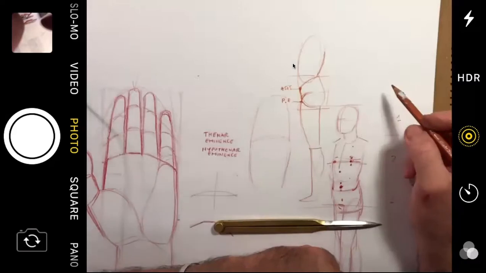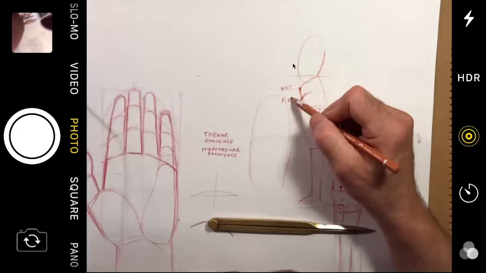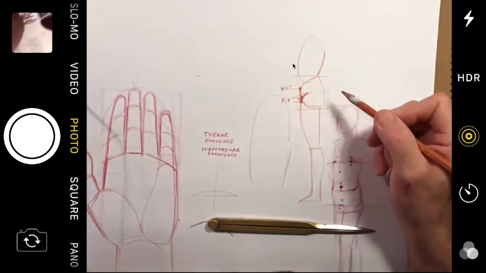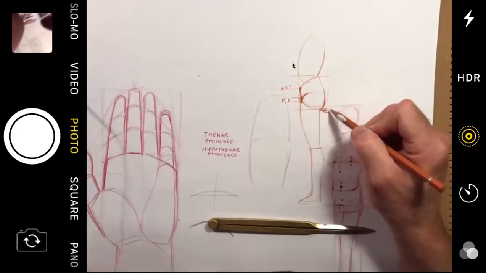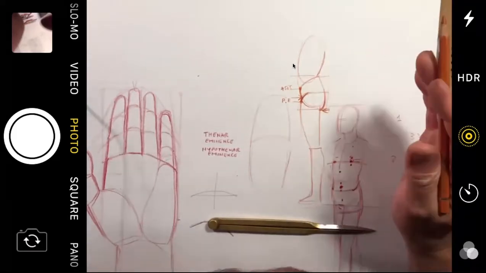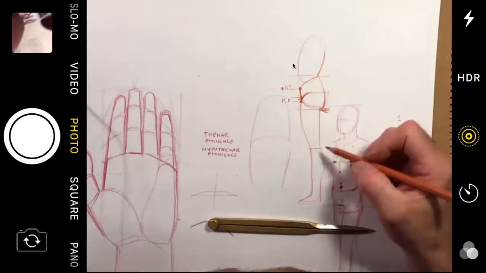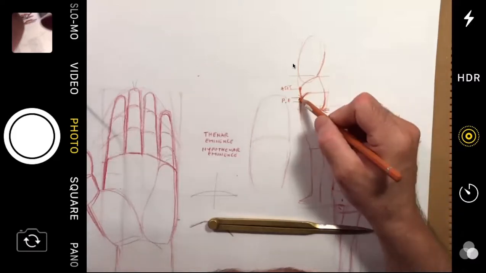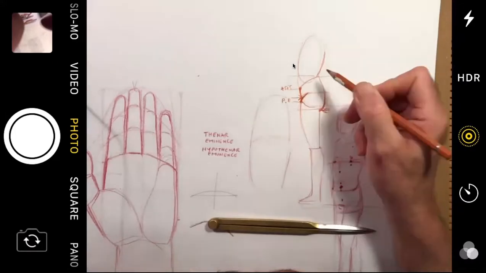Now I look at the leg from the front. It starts from here. That's where you see the fold of the leg. But from the back, the leg starts from here. Meaning I have about half a head of difference between the back and the front. The leg appears to be shorter from the back than from the front, because from the back the gluteus goes lower, and the muscle and the abdomen do not go over the leg.